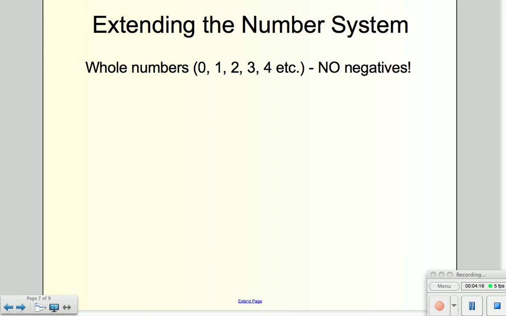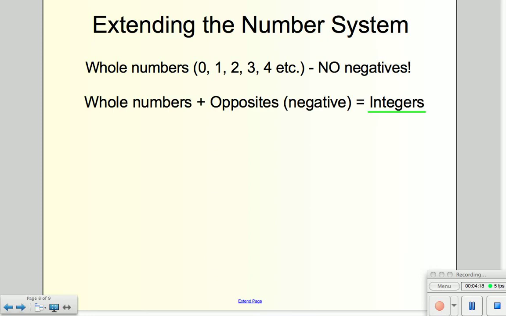They're entire numbers. Now, if you add in their opposites, so you have your whole numbers, your 0, 1, 2, 3, 4, you add in their opposites. Now, again, 0 technically doesn't have an opposite, it would be itself. But if you take your whole numbers and you add all of their opposites together, which remember would be negatives, opposites of positives are negative numbers, you now have a new term. This is called your integer.